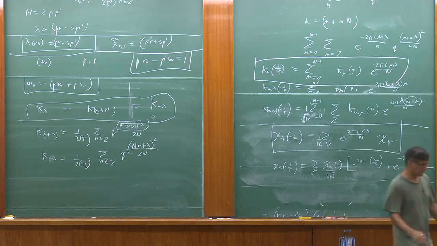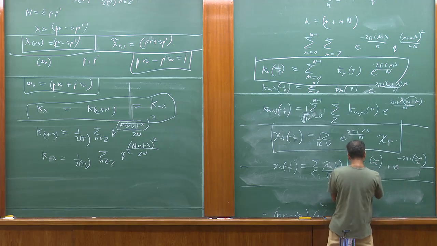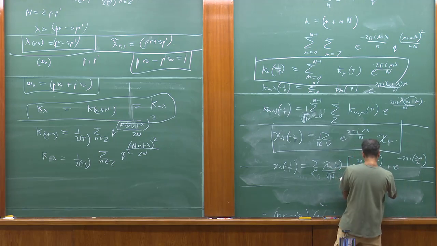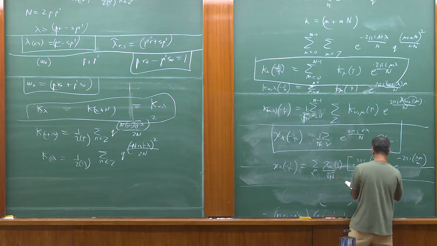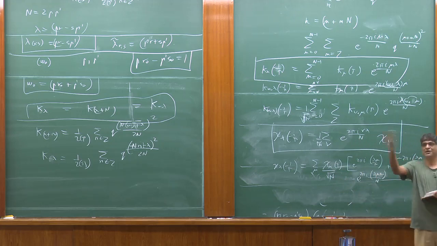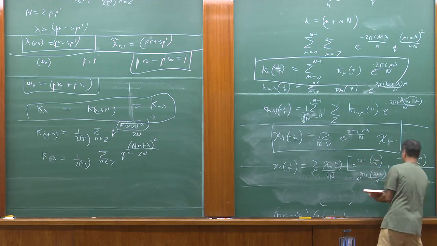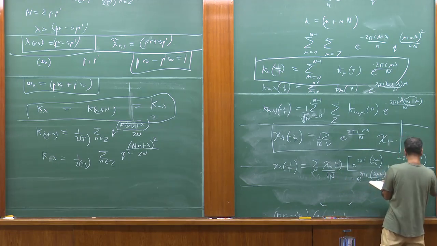So we get minus this one, e to the power 2 pi i lambda mu omega naught by n, and then we get this guy but with lambda goes to minus lambda. So we get minus e to the power minus 2 pi i lambda mu omega naught.